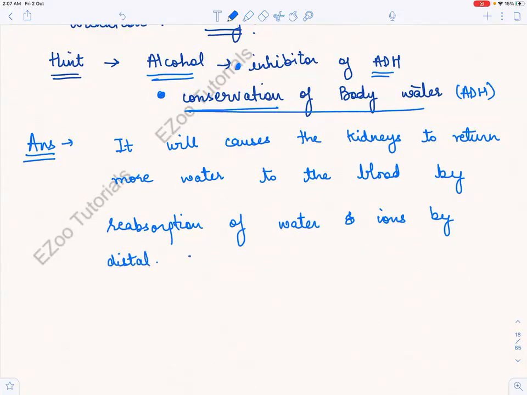Thereby क्या होगा? Decreasing the urine volume water and the concentration of urine.